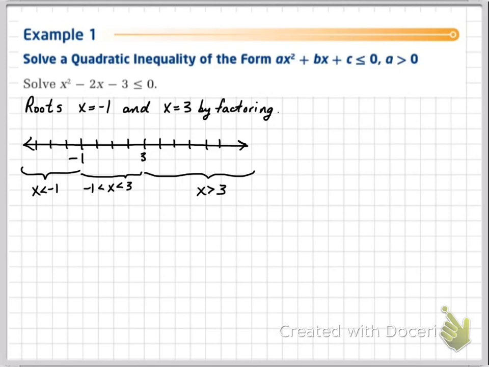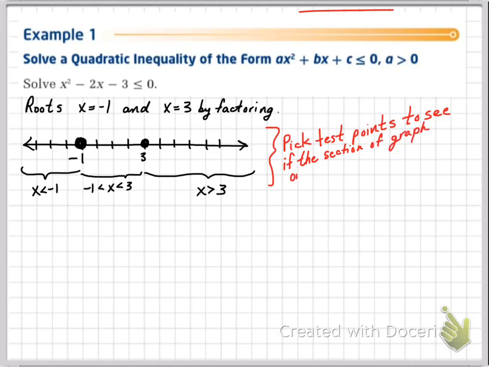If we pick a test point, my favorite test point is 0. Let's plug in a 0. But first of all, we're saying that -1 and 3 are part of our solution because it's less than or equal to 0. So those two are automatically circled in as part of our solution. Now, pick a test point to see if the section of graph, or interval as we call it, is going to be positive or negative.